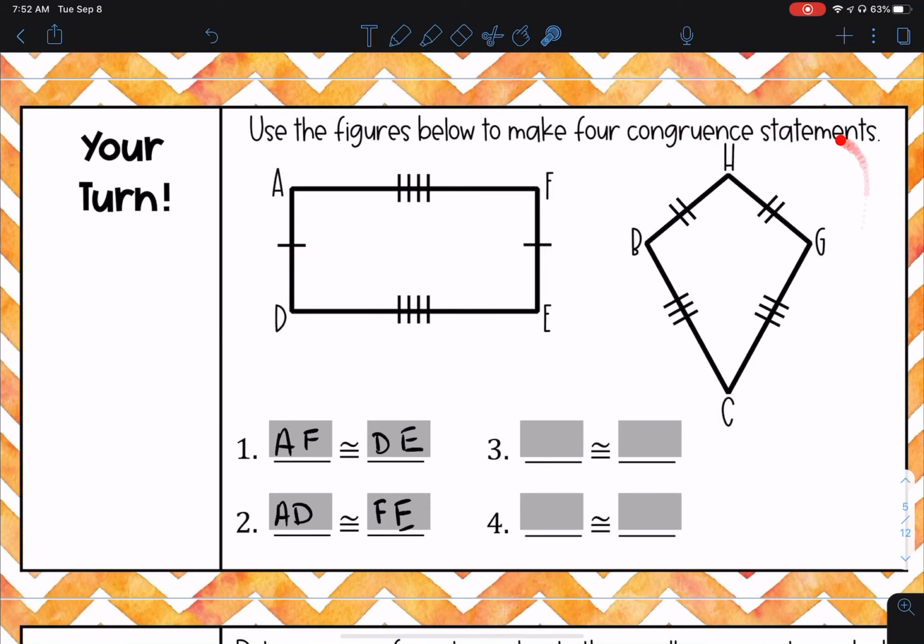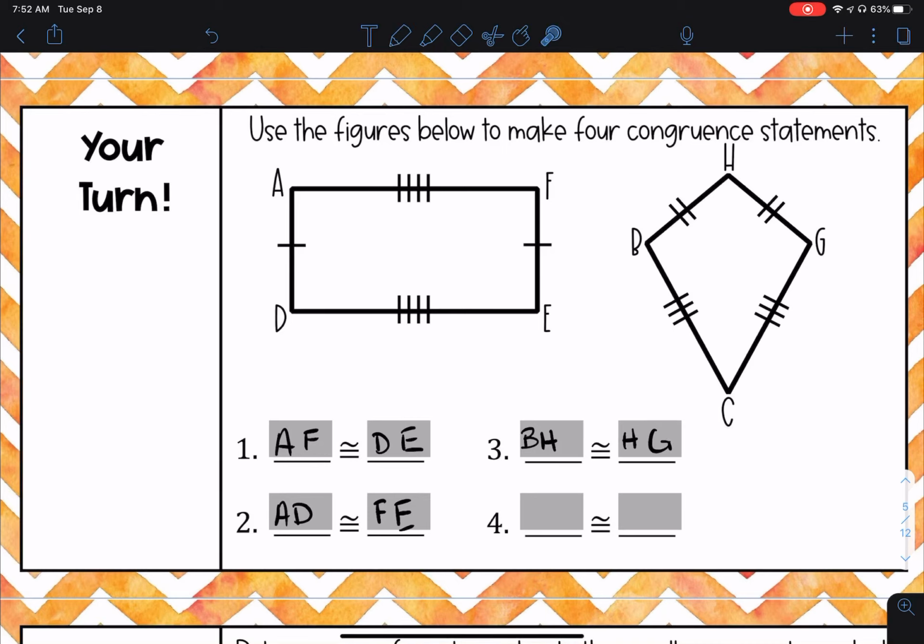So now let's look over here at this shape. I have BH is the same thing as HG because they have two tick marks. That tells me that they're congruent. Okay, so I have BH is congruent to HG.